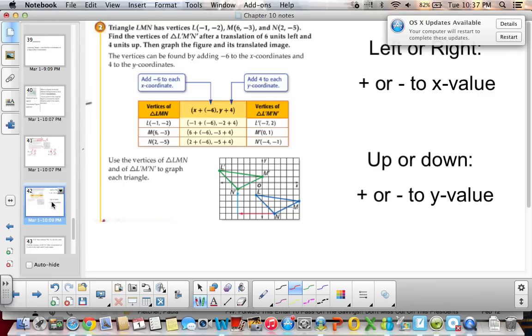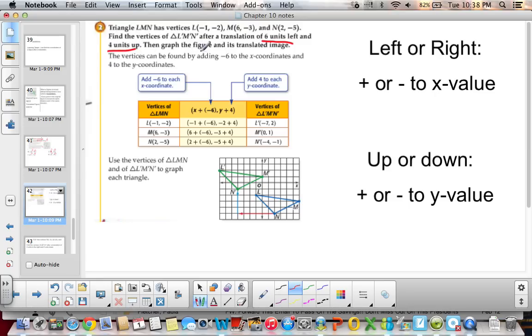So this time we're given the vertices L, M, and N for a triangle, and we want to find the vertices of triangle L prime, M prime, N prime after a translation of 6 units left and 4 units up, then graph the figure. So our original image, LMN, is graphed right here. 6 units left is negative, 4 units up is positive.